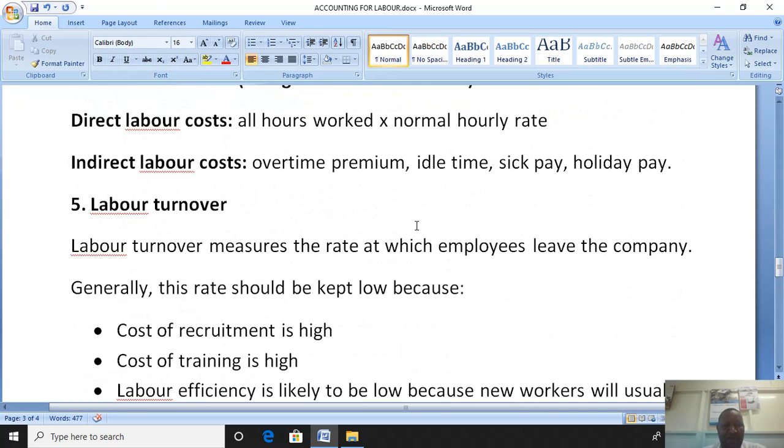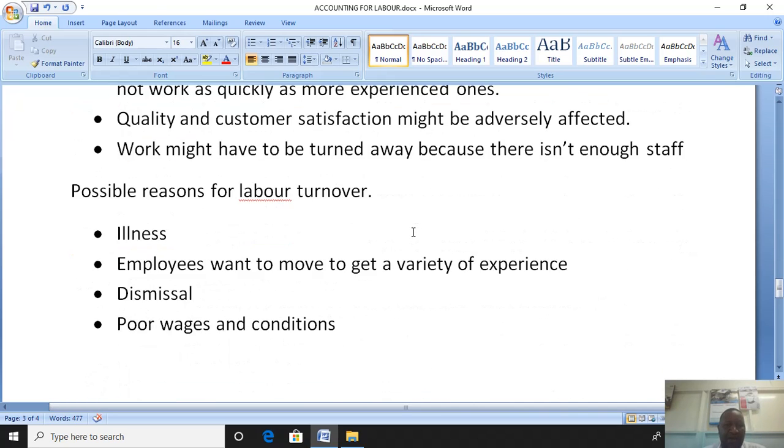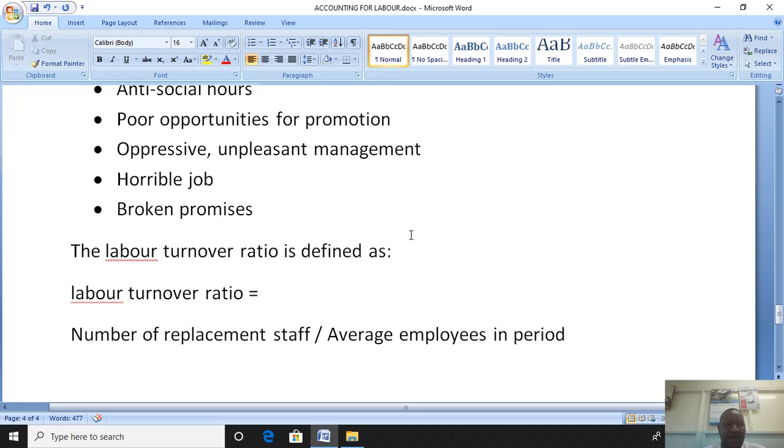In my next video, I will deal with the calculations of the labor turnover ratio, which of course we can even talk about now. We'll talk about the efficiency ratios in the next video, but the labor turnover ratio is simply the number of workers that are leaving the organization and need replacement over the average number of employees.